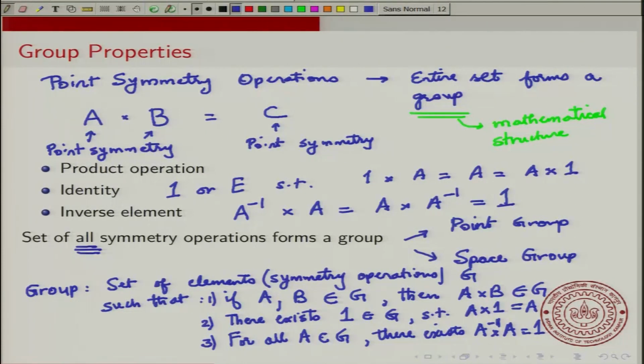Let us remind ourselves again that the product of symmetry operations means successively you apply one symmetry followed by the other. So A multiplied by B means you first operate by B and then by A. A times B means successive symmetry operations. That is to be kept in mind.